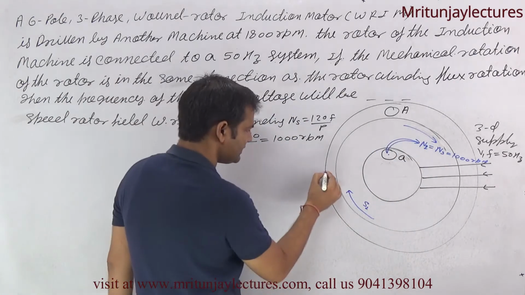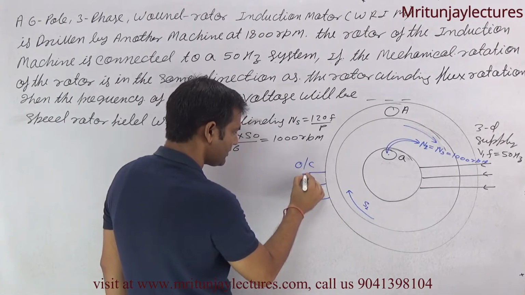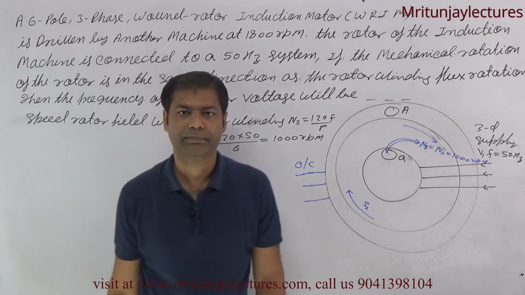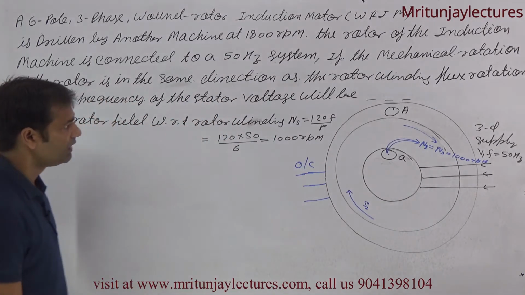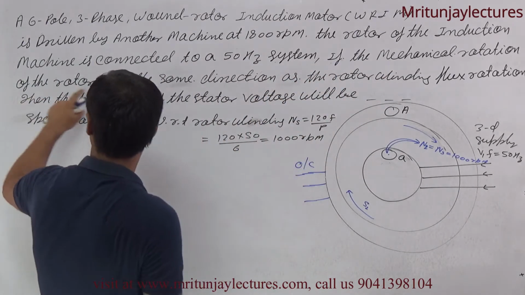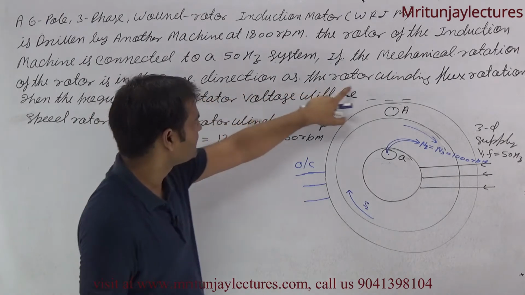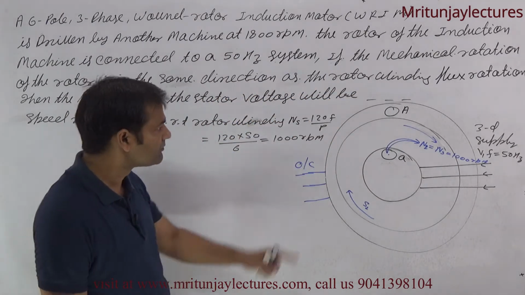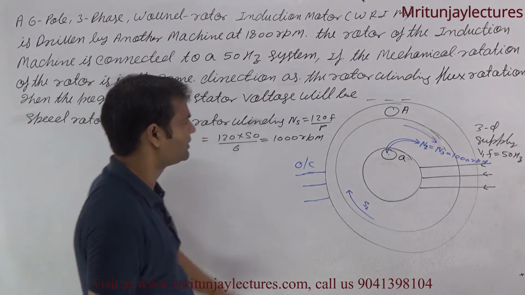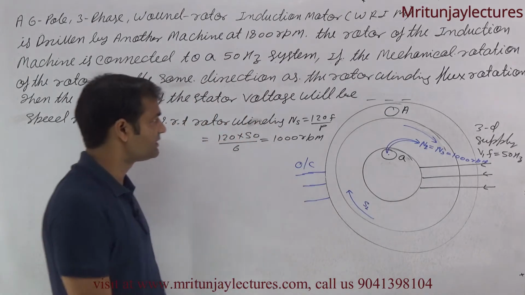And what about the stator? The stator is open circuit, clear? The stator is open circuit. Now after this, if the mechanical rotation of the rotor is in the same direction as the rotor winding flux rotation, then the frequency of the stator voltage will be, our motto, focus on the stator voltage frequency.